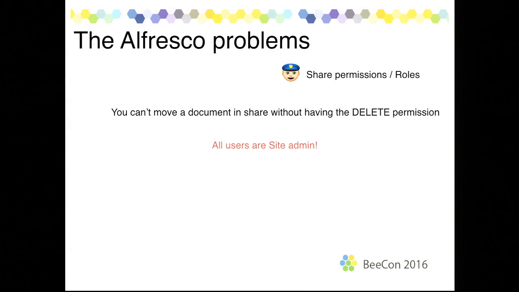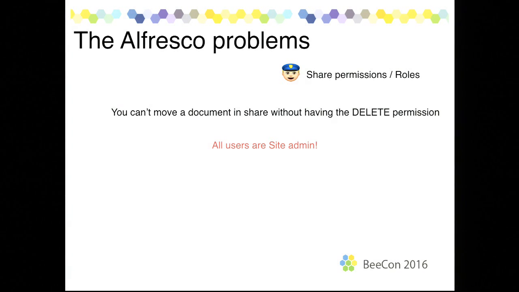And another one, I had to put everyone in admin, because if you need to move a document from one folder to another one, you need to delete it, which is strange. And the only way to delete is to be admin. I think I found a way around, at least for 5.